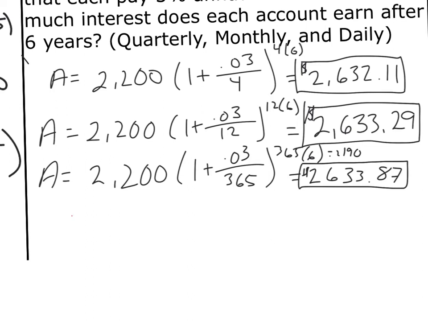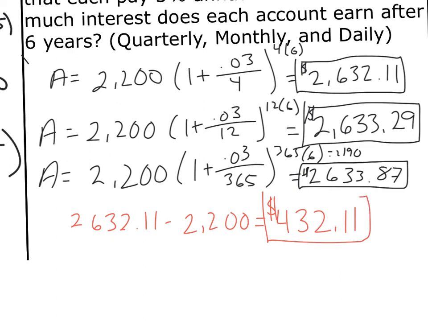So for the first one, let's see how much I earned. I have 2,632.11 minus 2,200. I earned $432.11 here. And then for the next one, I had $2,633.29 minus 2,200. It's going to be a very similar number.